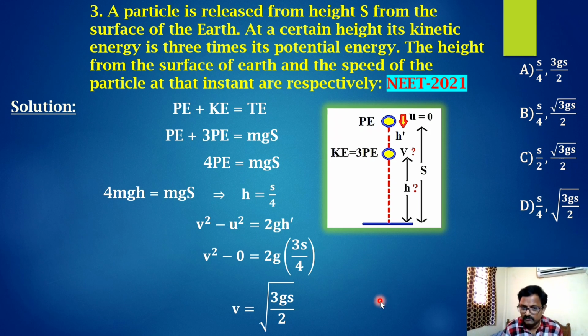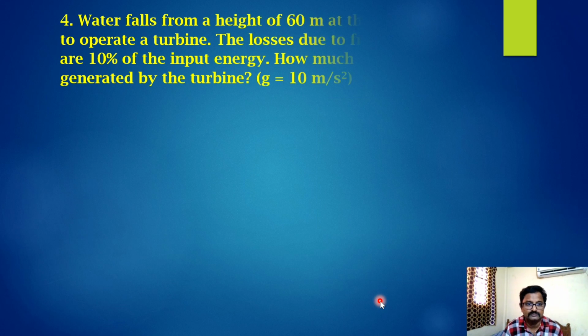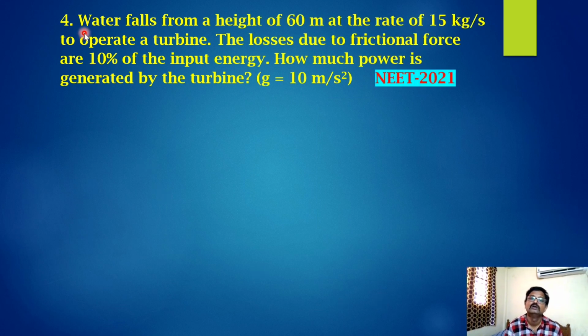Now we will go with the fourth question. Water falls from a height of 60 meter at the rate of 15 kg per second to operate a turbine. The losses due to frictional force are 10% of the input energy. How much power is generated by the turbine? So we have to calculate the power generated by the turbine.